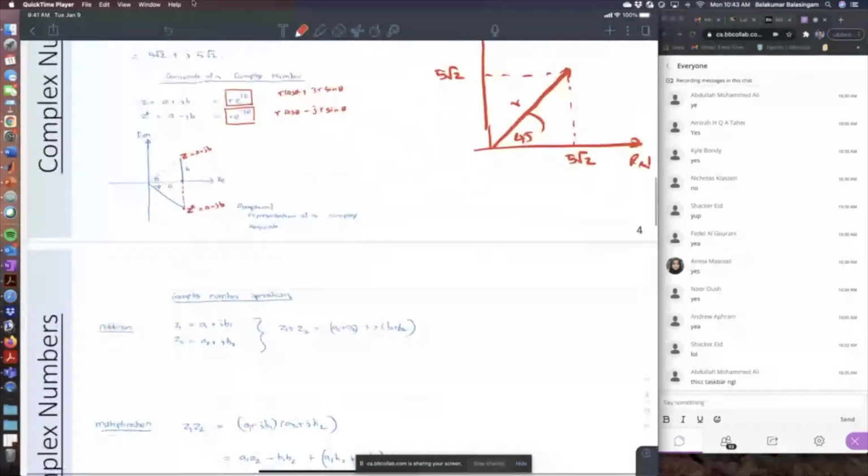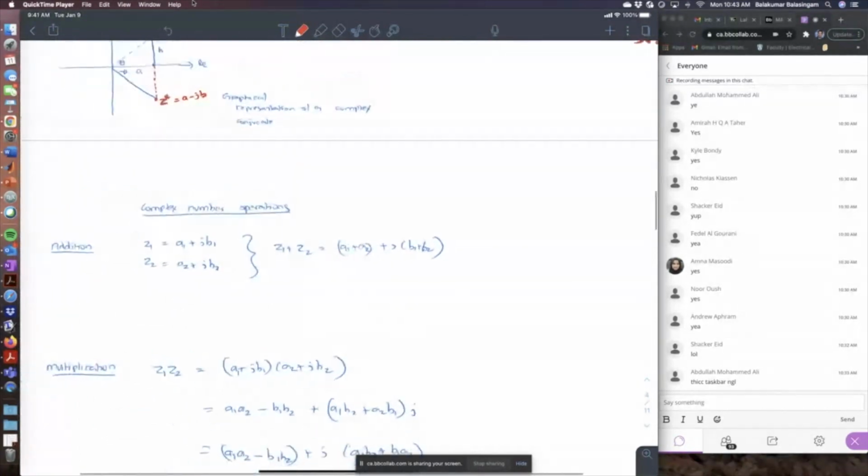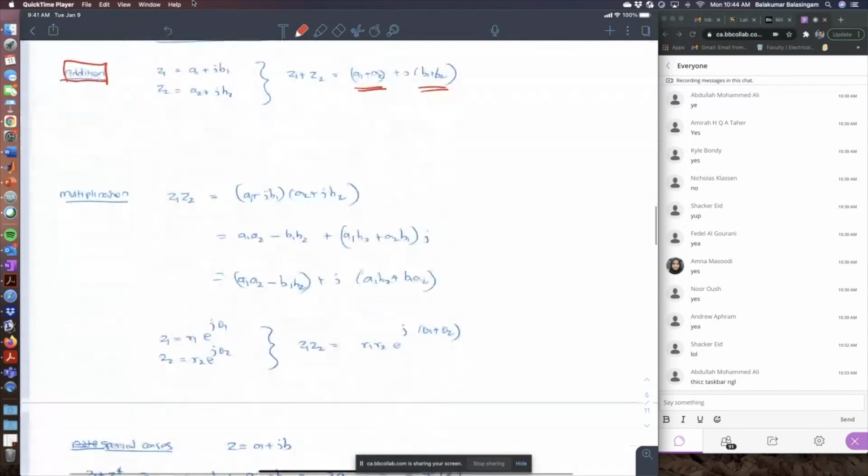That is a graphical representation. Now, complex number operations. Addition is one of the operations. To add, you add the real parts and imaginary parts separately. So if you look at this example, A1 plus JB1 and A2 plus JB2, s1 plus s2 is A1 plus A2, real parts added together, and the imaginary parts added together, plus j times B1 plus B2.